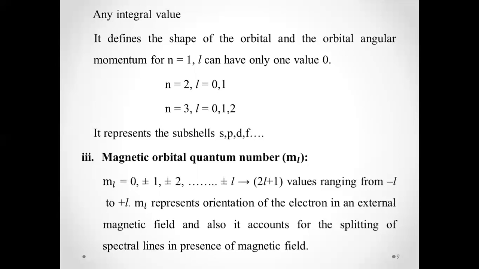Or in general, it can take 2l plus 1 values ranging from minus l to plus l. ml represents the orientation of the electron in an external magnetic field, and also it accounts for the splitting of spectral lines in the presence of a magnetic field.